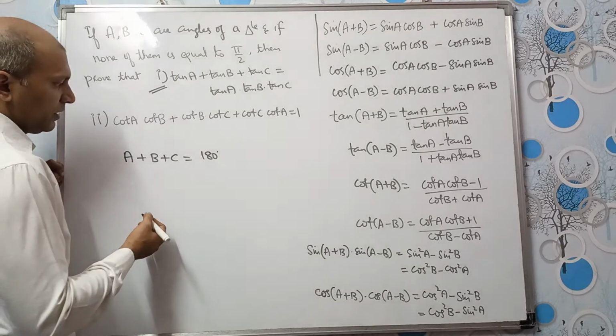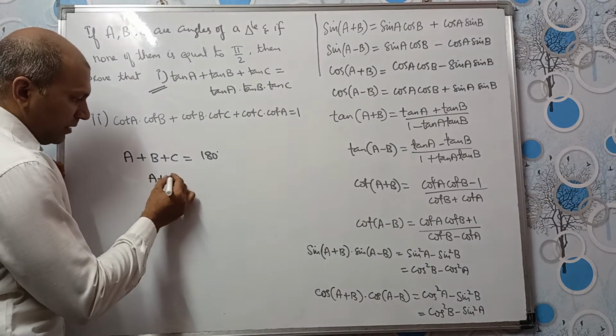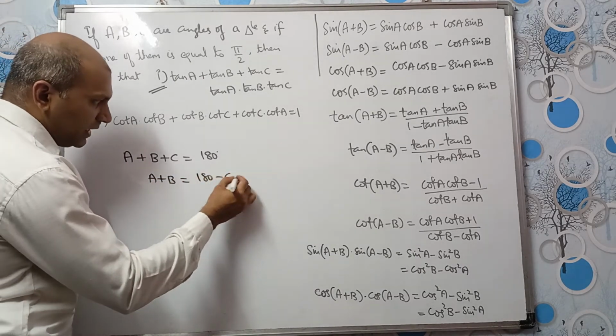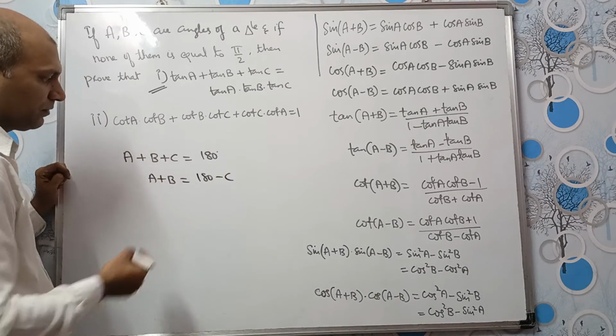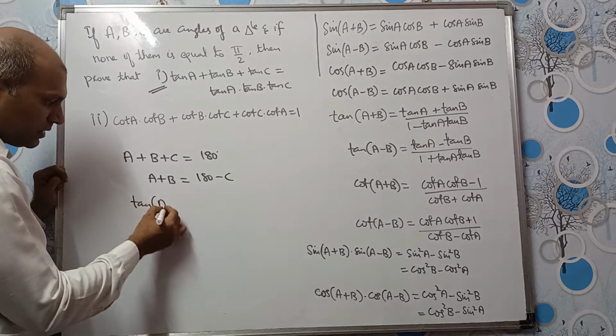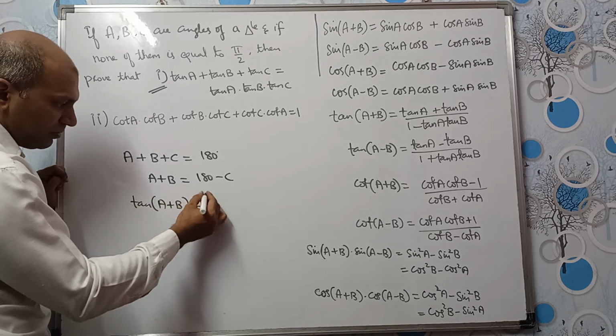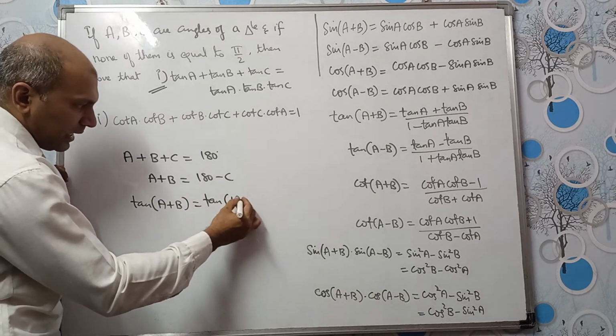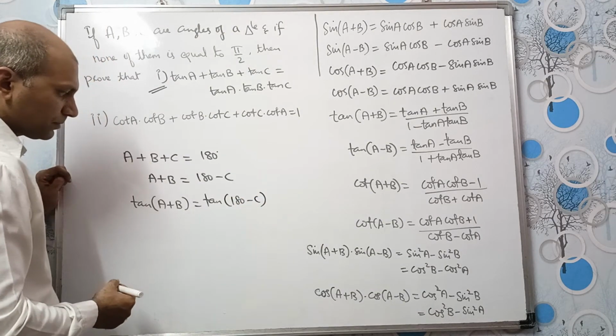Okay. So see, A plus B will be equal to 180 minus C. If you send C on the other side, and if you apply tan on both sides, this will be tan(A plus B) is equal to tan(180 minus C).